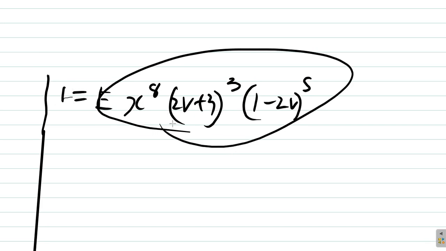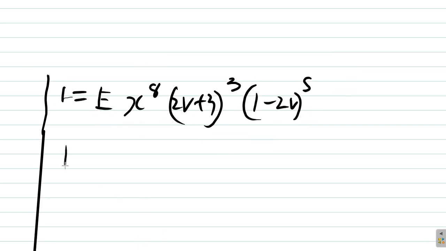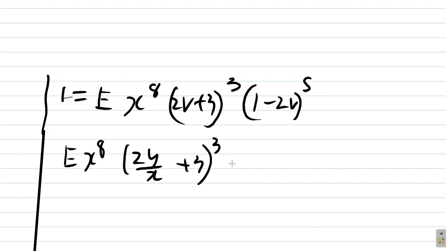Let's put all of this on the other side, on the left. So we have e x to the 8, 2 y over x plus 3 cubed, 1 minus 2 y over x to the 5th equals 1.